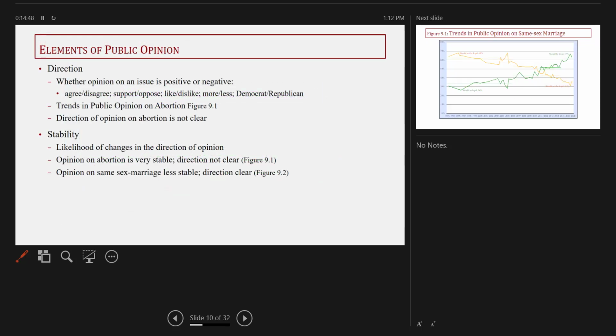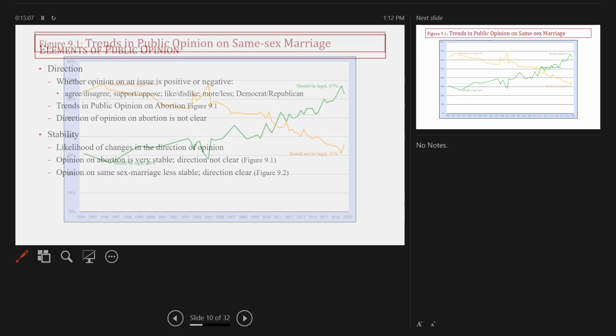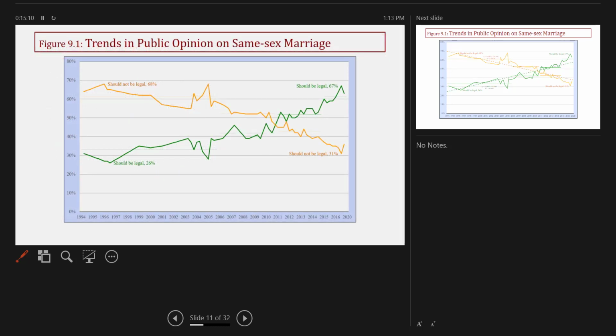Now, let's look at another issue similar to abortion in the sense that it raises some fundamental moral and religious issues, and that is the issue of same-sex marriage. And when we look at polling on same-sex marriage, what we find is that public opinion has been much less stable, although the direction is usually clear.